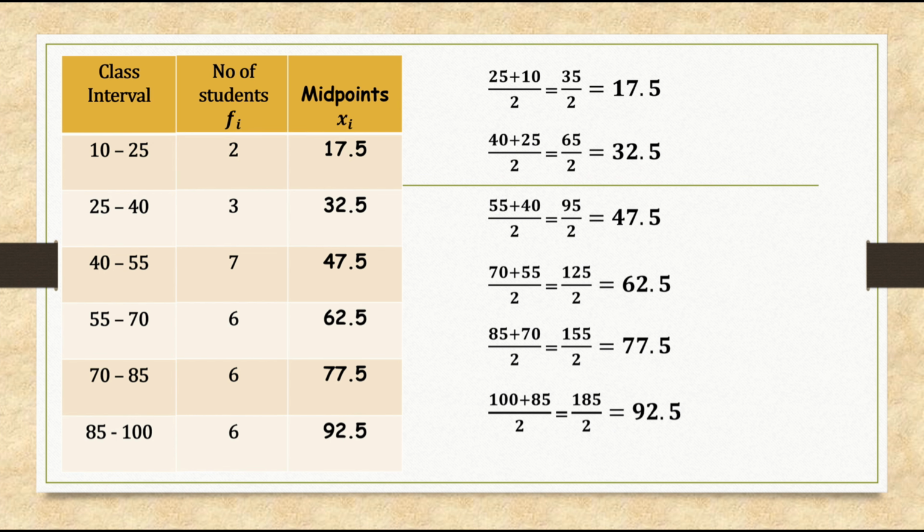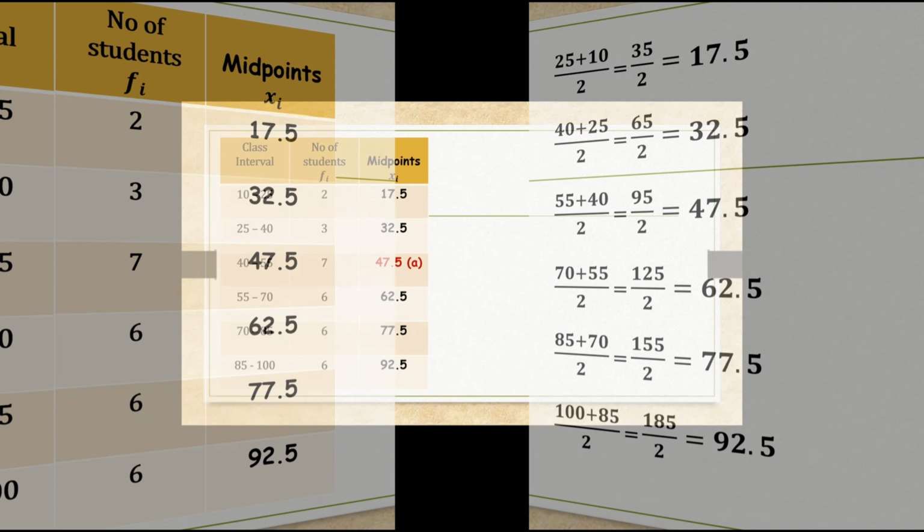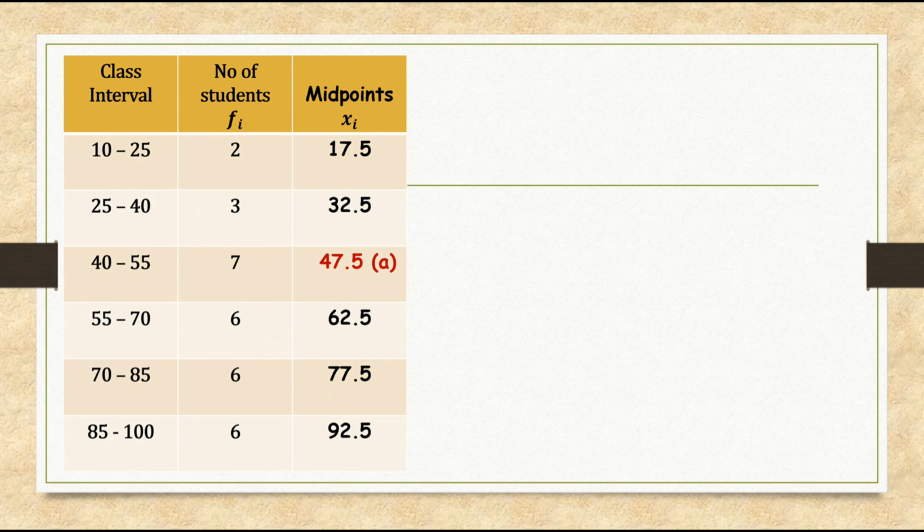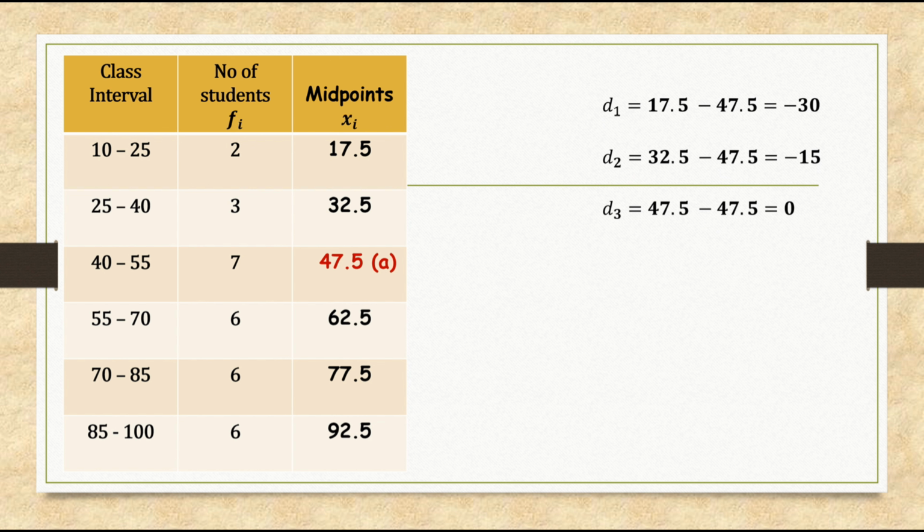Now, we have to choose an assumed mean from the xi column, that is the midpoint column. Here, 47.5 is our assumed mean. Now, we need to create a column for deviations. To find the deviations, subtract assumed mean, that is a, from the midpoint, that is xi. Here, we have 17.5 minus 47.5. If you have a positive sign and a negative sign, you have to choose the operation subtraction.